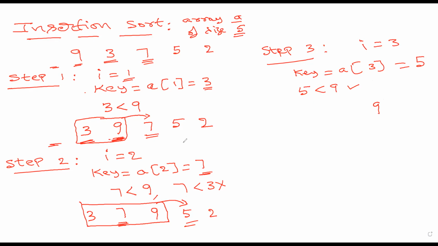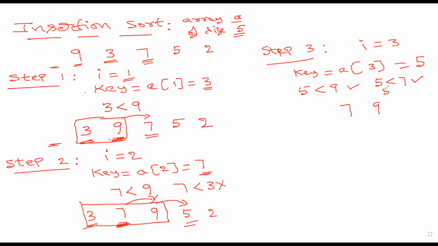Next, before 9, what is there? 7 is there. So the key element 5 we are comparing with 7. Here 5 is less than 7. That is also true. So what we have to do? That 7 we have to shift one position to the right side. So 7 comes here. What element is present before 7? 3.